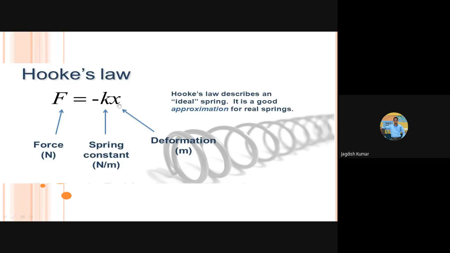But there are physical limitations of the material of which the spring is made, so when you go beyond a certain limit, the force is no longer linear, and the spring is unable to provide the large restoring force required by Hooke's law. That regime, beyond the safe or linear dependence of force, is called the non-linear regime. So when we are beyond Hooke's law, we have to talk about non-linear physics.